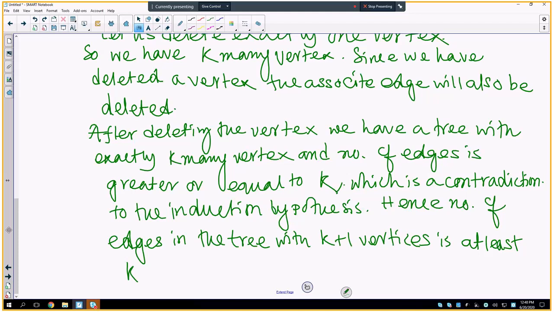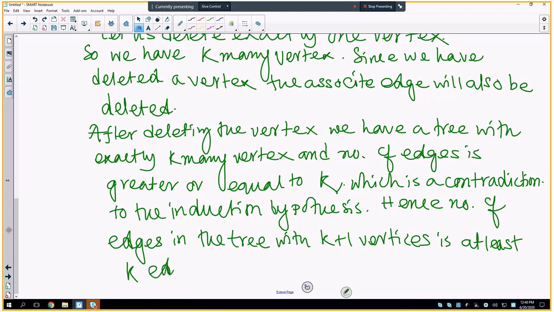Why at least k? Remember, if you had k many vertices, the number of edges is k minus 1. If you increase one vertex, to maintain the connectivity, you have to increase one edge. So in a graph with k plus 1 vertices, there are at least k many edges.